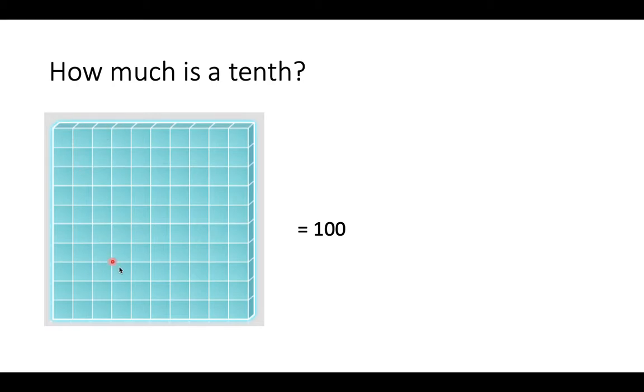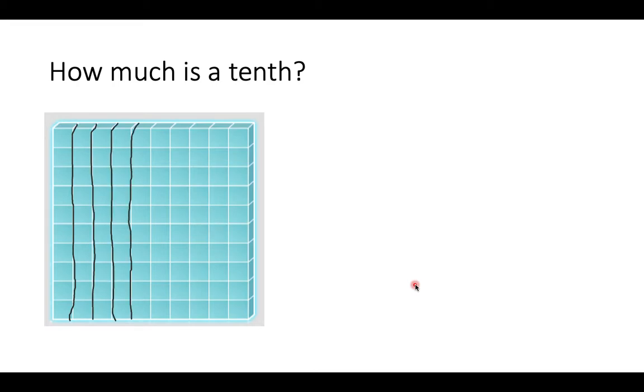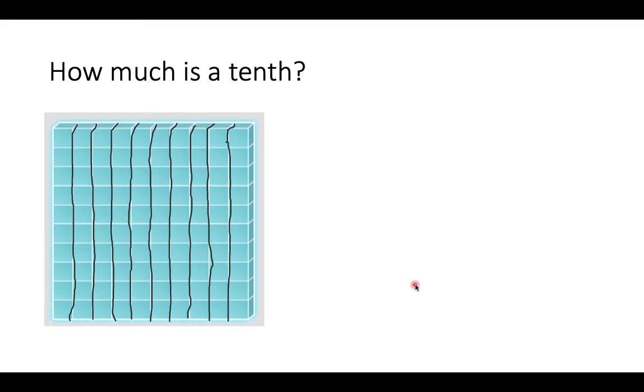Let's talk about that. So this should look familiar. It's a hundreds grid, or there's 100 small little cubes here to make this, and that represents 100. So I'm starting off bigger, and I want to work our way down smaller. So if we divide or cut this into 10 equal sections, I made some lines here.